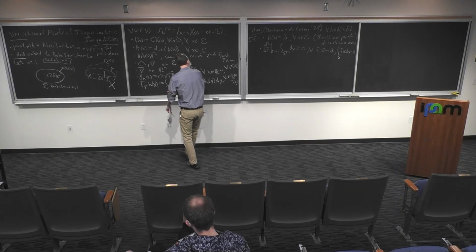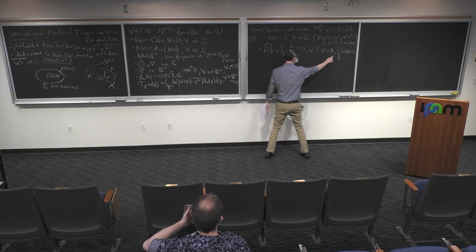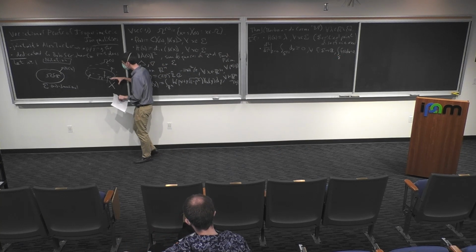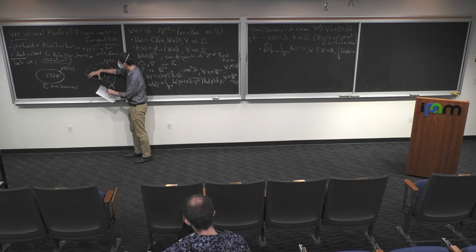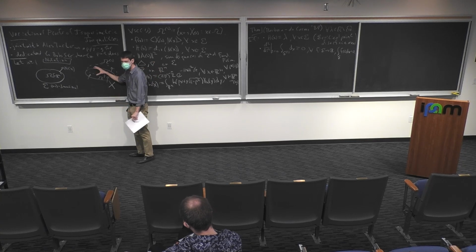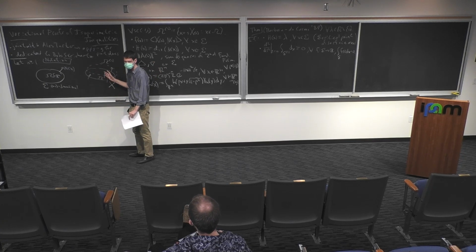If you haven't seen this before, integral f is 0 means, like in the picture, the amount that we're stretching the surface out is the same amount that we're stretching it inwards. And so integral of f equal to 0 means they cancel each other out. You're preserving the volume of the region to first order. Okay?